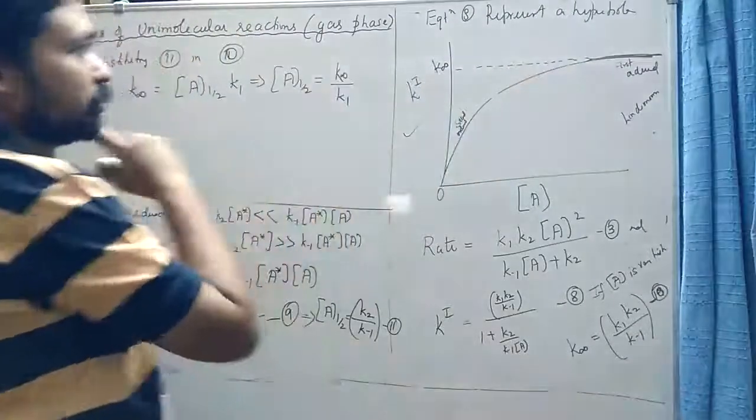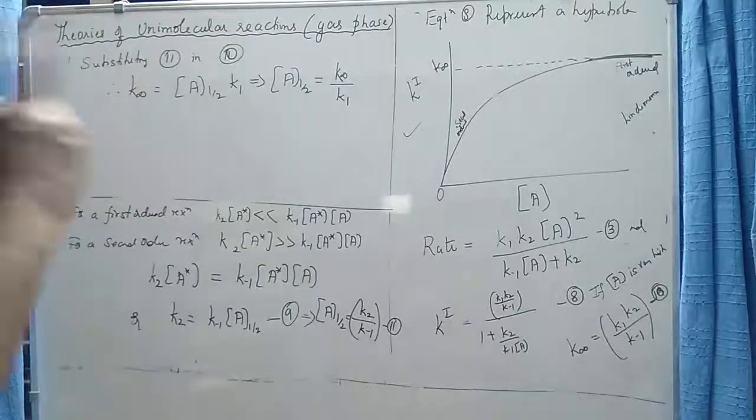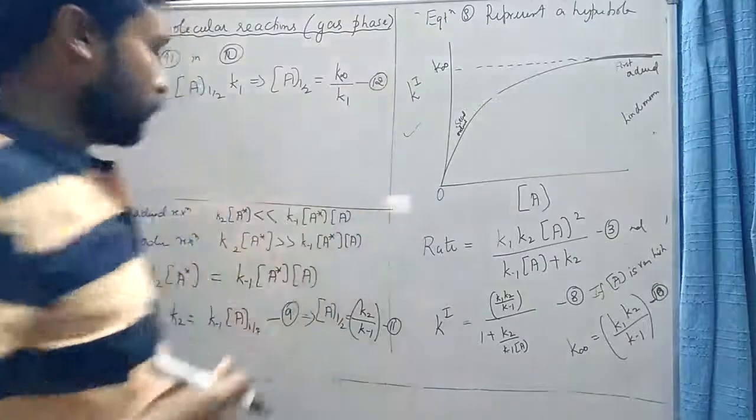It is an experimentally obtainable value. K1 is the rate constant of the first step, the forward step of the process. Let me take it as equation number 12.